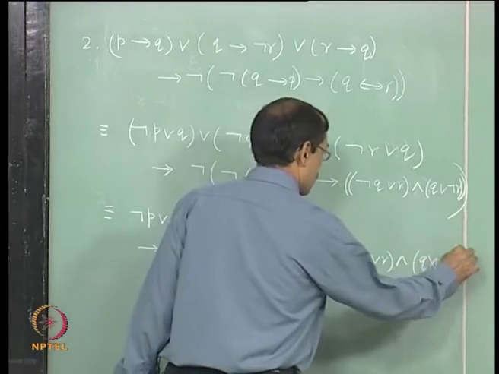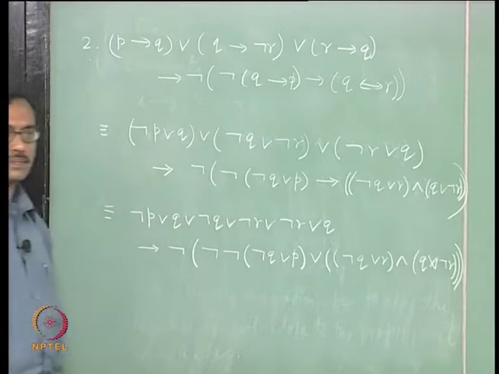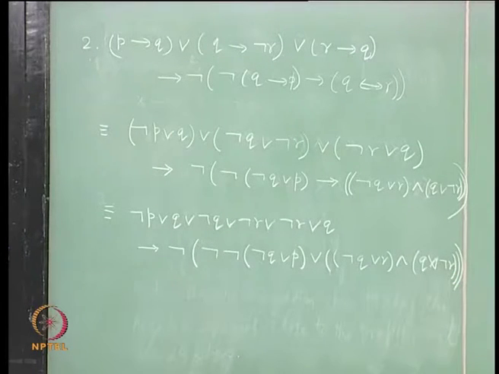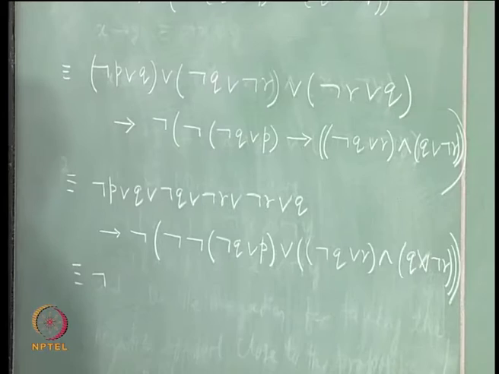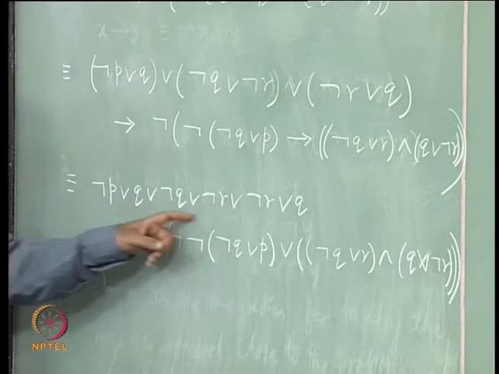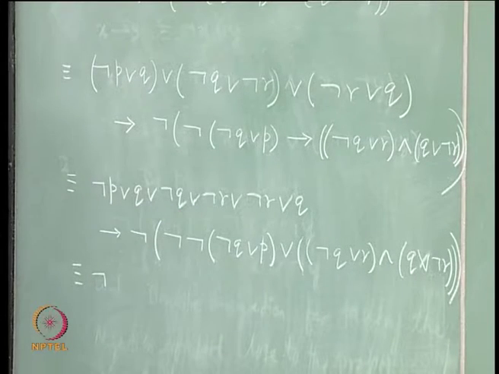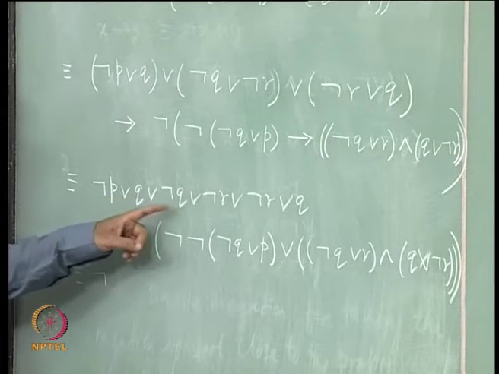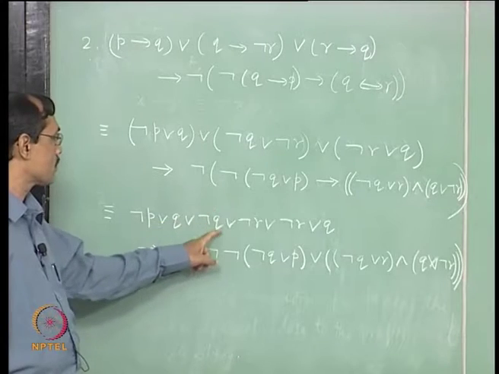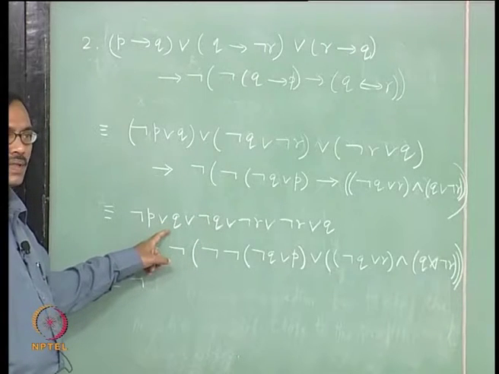You need one more. Okay, so that gives... see, if you want to write all those things you can, but some simplification you can do. See here that Q or not Q is occurring, right.